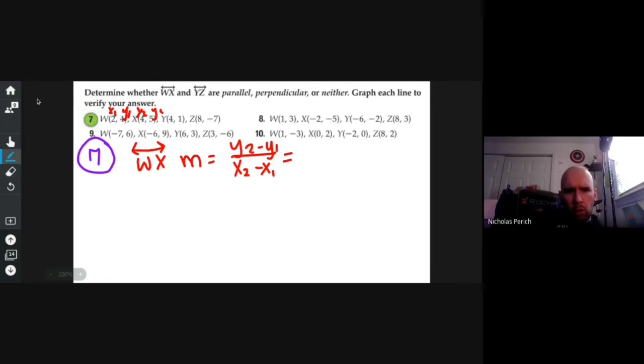Y sub 2, you can barely tell, but I labeled 5. Minus. Always put the minus in the middle. That's funny. I've heard of monkey in the middle, but minus in the middle?